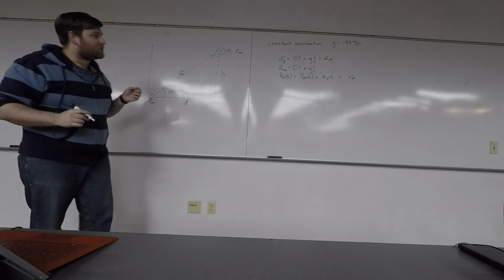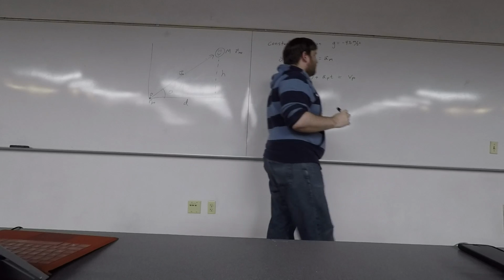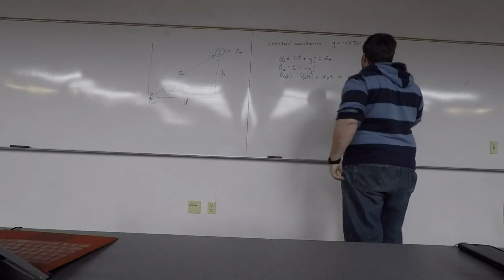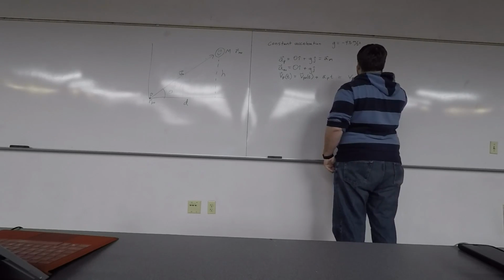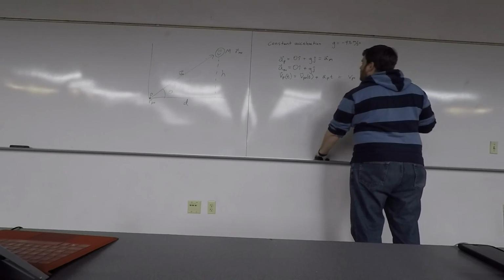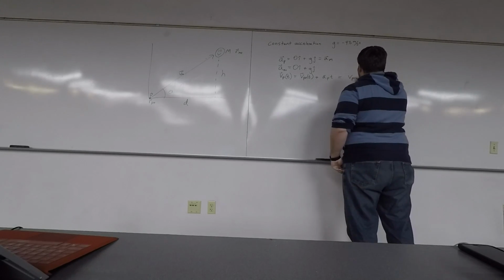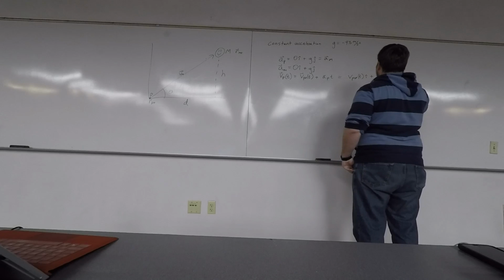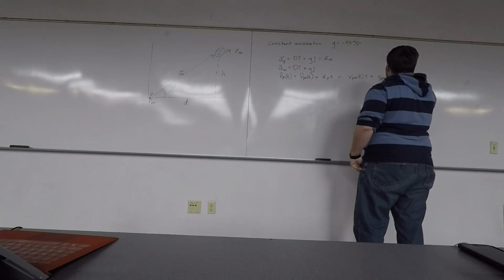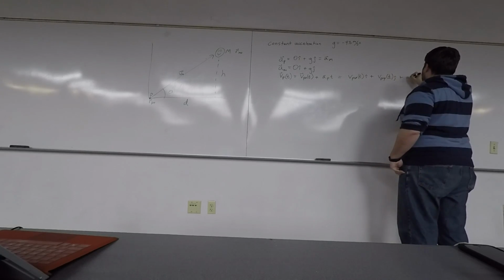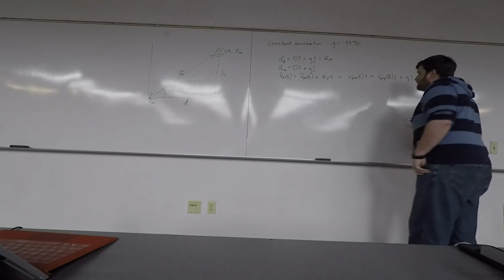There's lots of different ways you can do this, but I'm going to assume that we already have the components for velocity. So this is the x direction. Actually, I don't even have to put x, because it's going to be i hat. No, I'll put x. v_x t i hat plus v_y t j hat plus g t j hat.